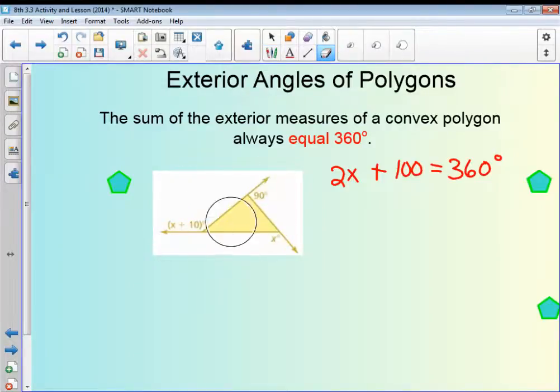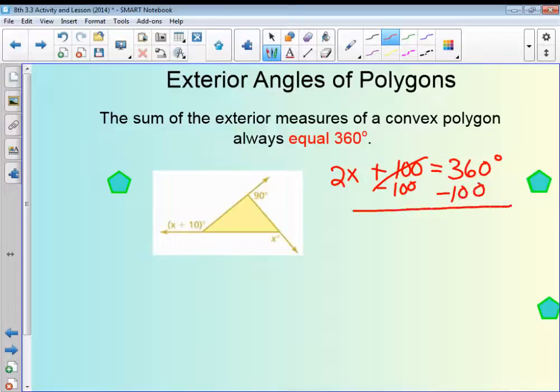All right, so now I'm going to go ahead and solve for X. So we'll subtract off 100 first. I have 2X equals 260. And now I'll divide by 2. So 260 divided by 2 gives me 130. So I just found out that X equals 130 degrees.